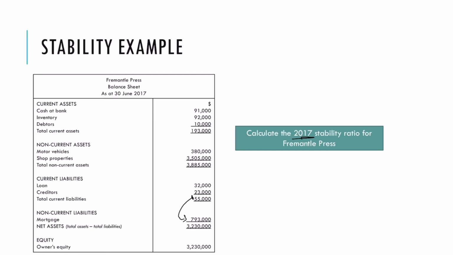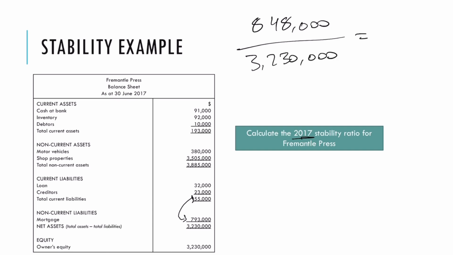So we're going to take 55,793. So that's going to be 848,000 divided by 3,230,000. And at the end of the day, that's going to give us a ratio of 0.26.